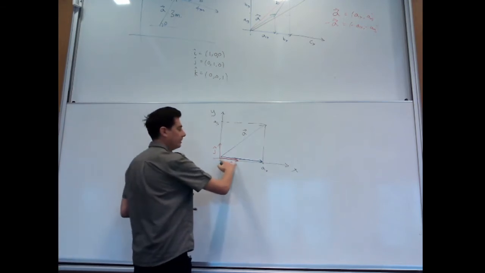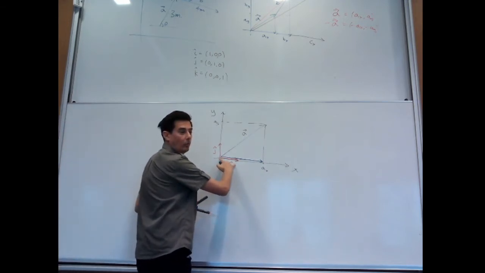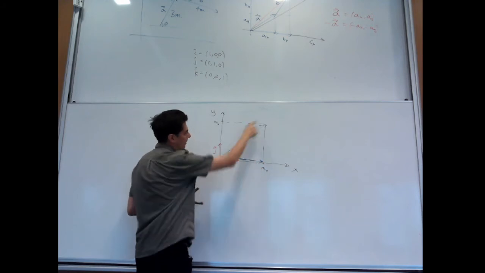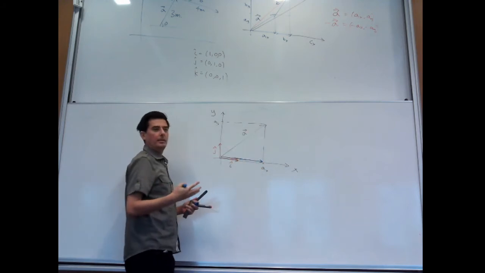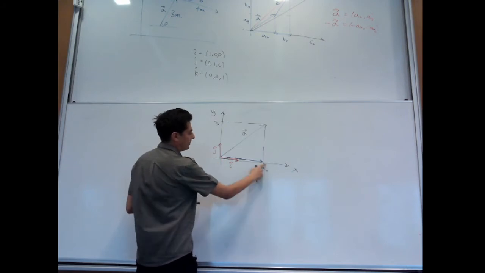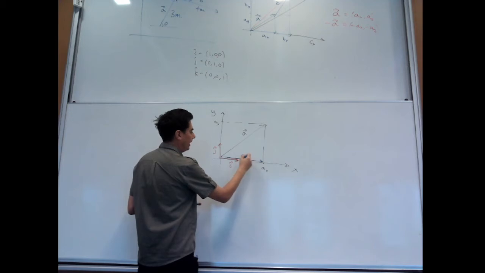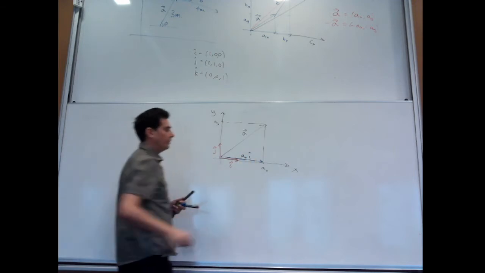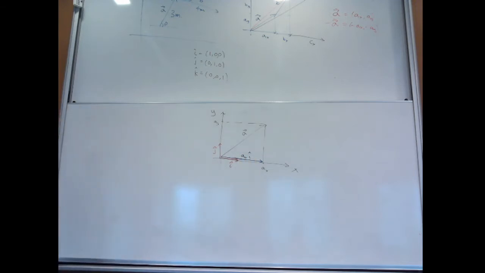Because i is unit length, it's got length 1, and this vector that we're trying to rewrite has a length of AX along this direction. This vector here would be AX, which is just a number, multiplied by the i unit vector.